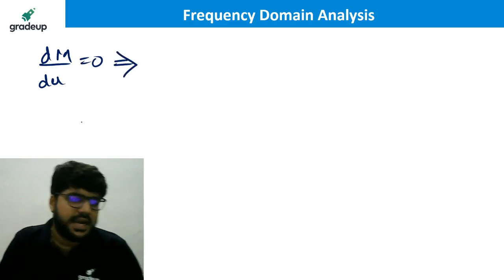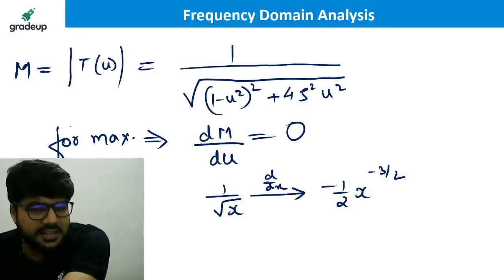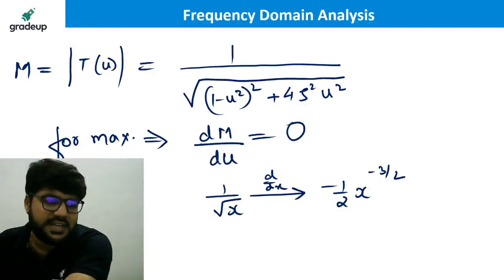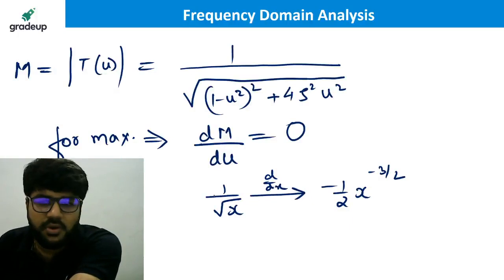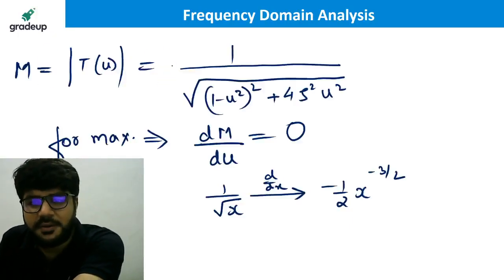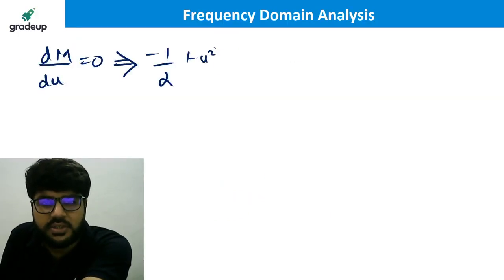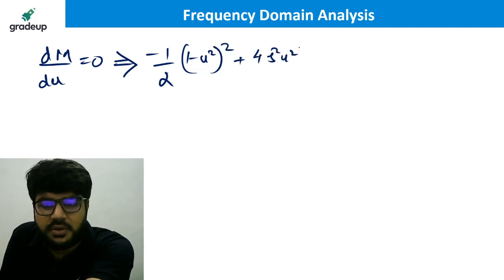I get minus half x power minus 3 by 2, where x is the whole denominator, (1 minus u square) whole square plus 4 zeta square u square.